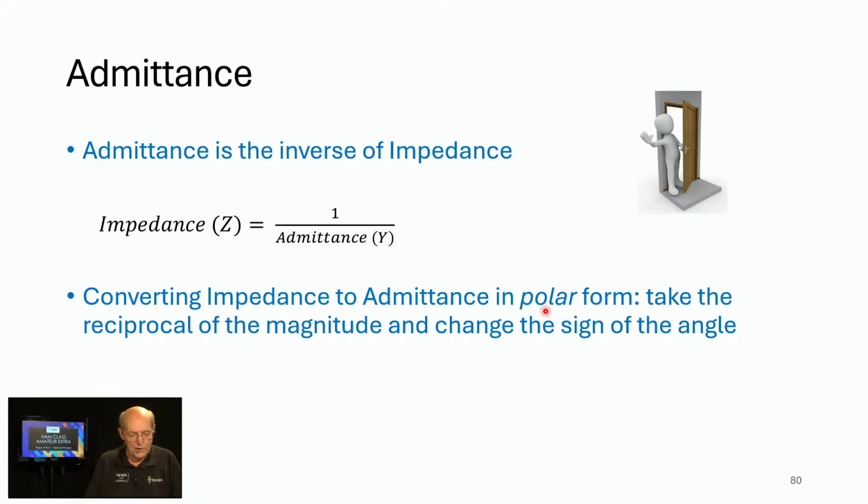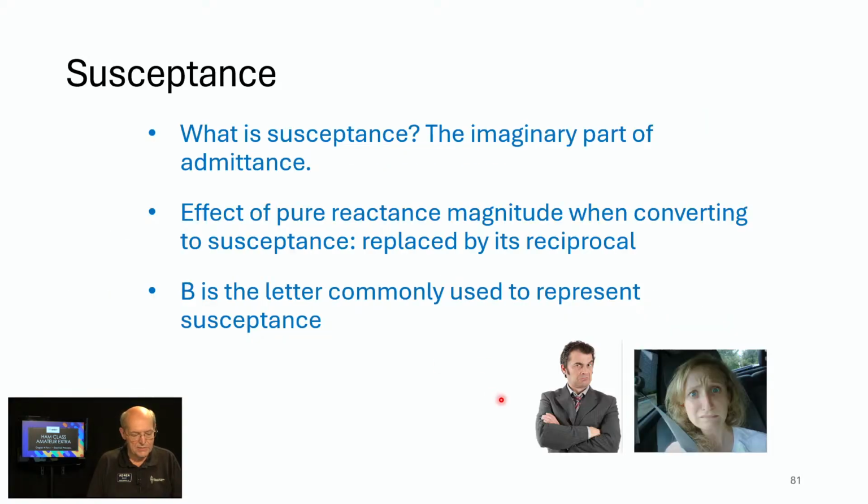In polar form, and look for the word polar, take the reciprocal of the magnitude and change the sign of the angle. There's an angle involved because it's polar, so maybe those words will help you recognize it. Susceptance. So what is susceptance? It's the imaginary part of admittance. Bob is imaginary.